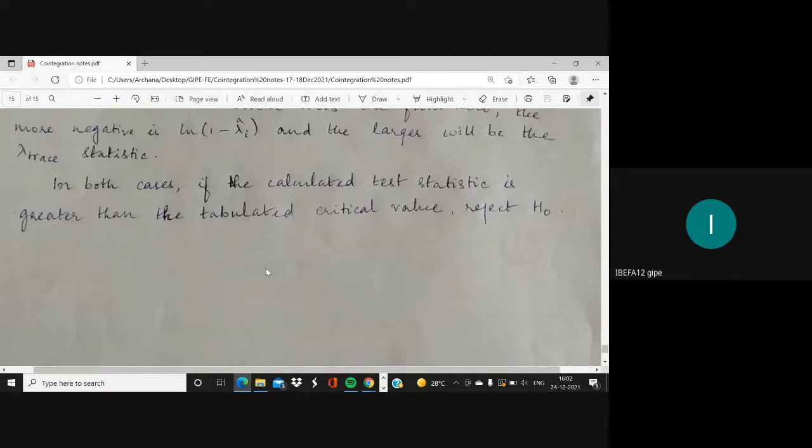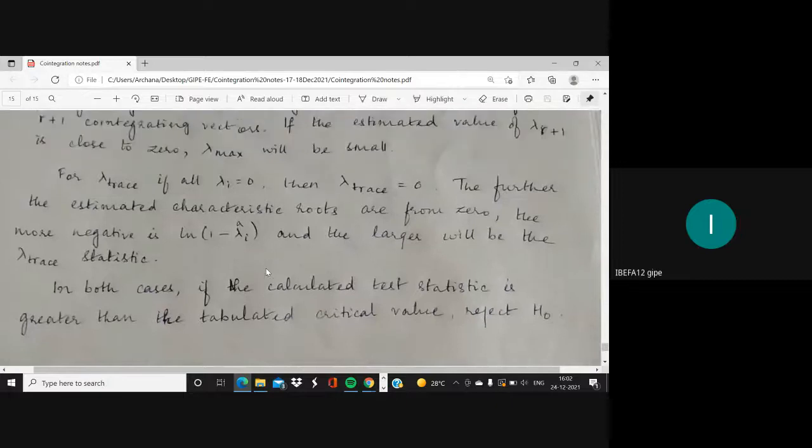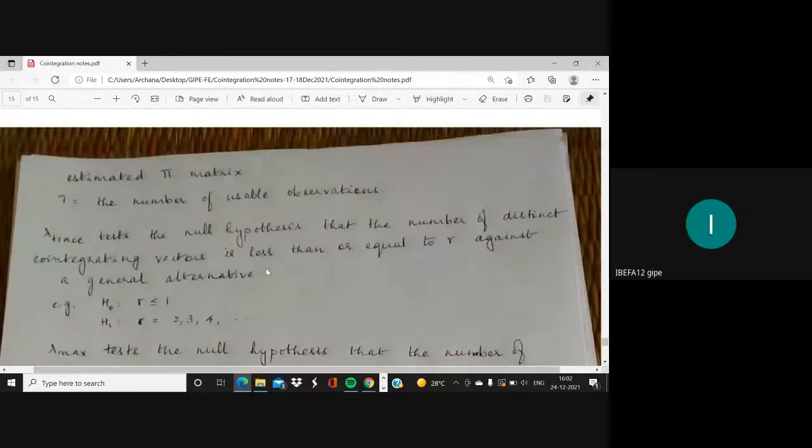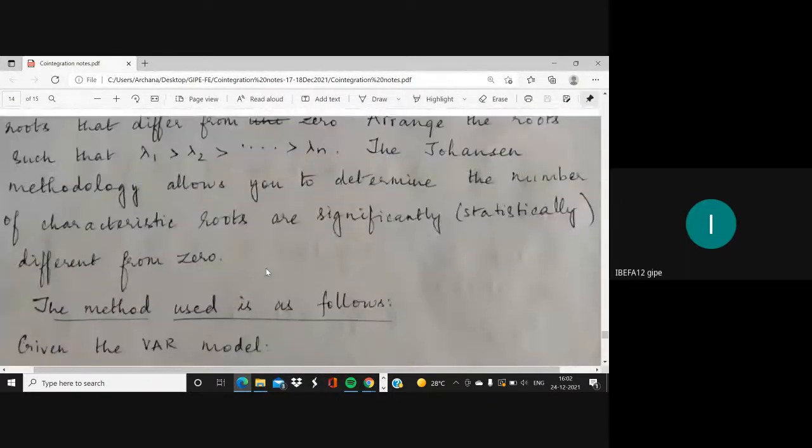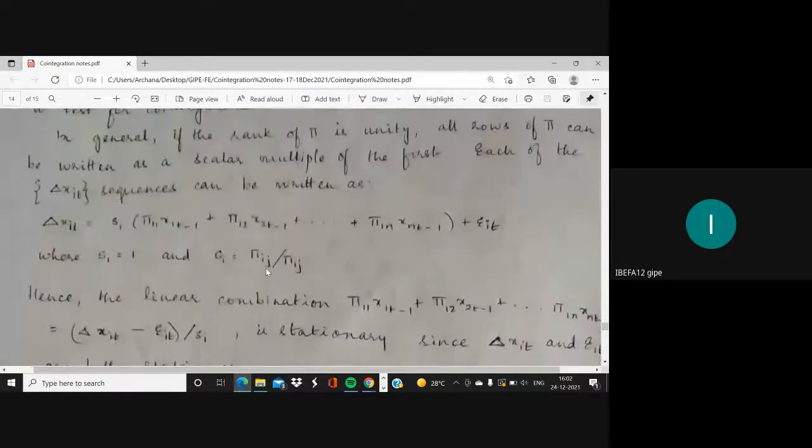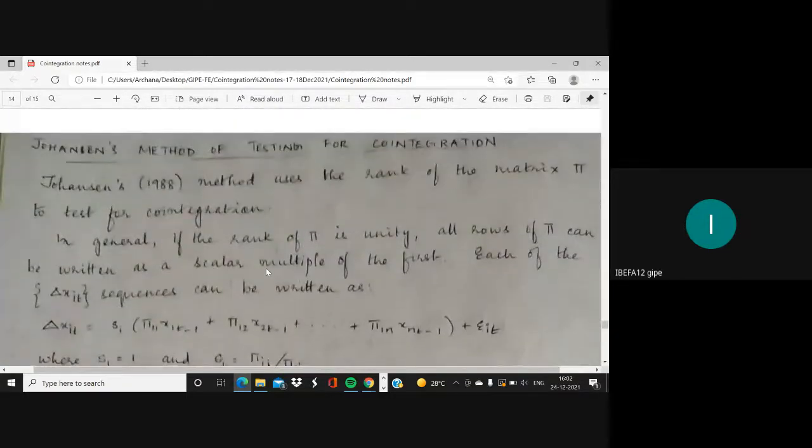Understanding how exactly you draw conclusions from the Johansen test might become a little easier once we actually do the practicals. I'll try and take you through that maybe not in the next class, but the class after next.